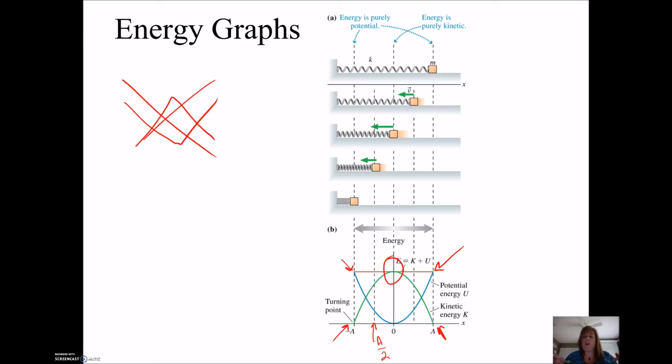In fact, the place where I'm at half and half is somewhere greater than that, right here. Totally interesting. So the shape of an energy graph for kinetic and spring potential energy for an oscillating spring is a parabola like that. Pretty cool. I think that's very interesting.